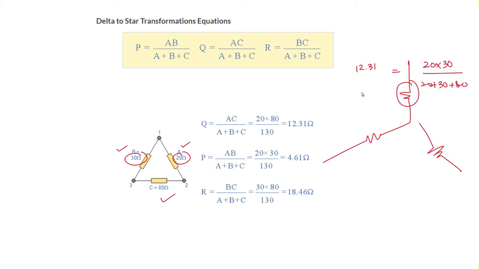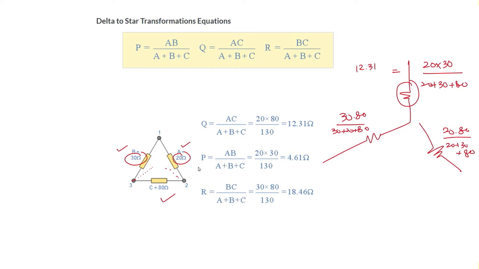Okay, to calculate this branch, it would be equal to 30 multiplied by 80 divided by 30 plus 20 plus 80. This branch would be equal to 20 into 80 divided by 20 plus 30 plus 80.